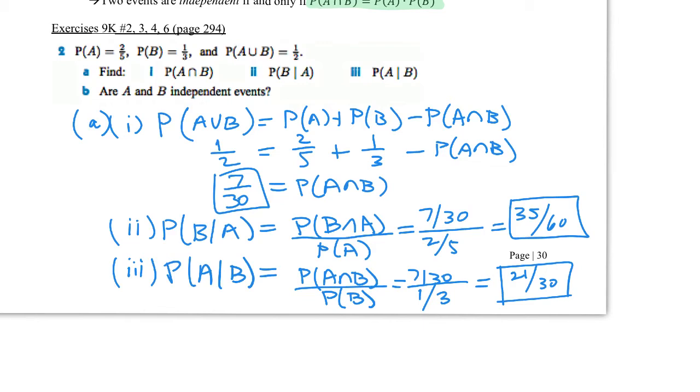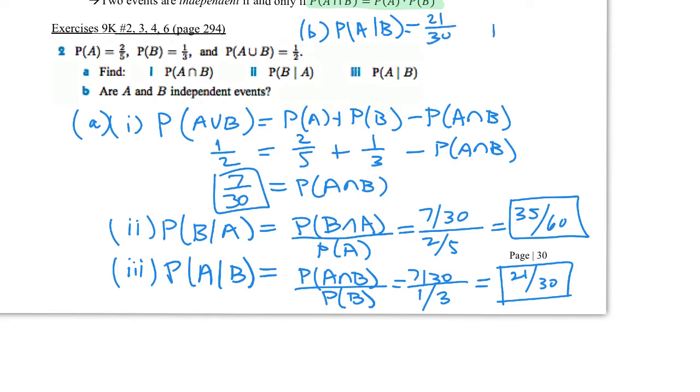Okay, and then finally, are events A and B independent? So if I'm going to do part B, I'll have to squeeze it in up here because I'm out of room. Here's where I'm going to check that if I look at what I just found, the probability of A given B, that answer was 21/30.